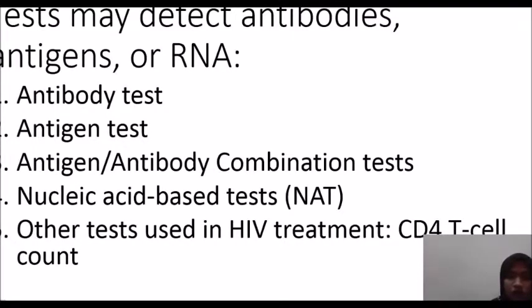For a normal person, the CD4 count is 500 to 1000 cells per microliter. But for HIV positive persons who have AIDS, it will drop below 200 cells per microliter. So in general, the lower the T cell count, the lower the immune system function.